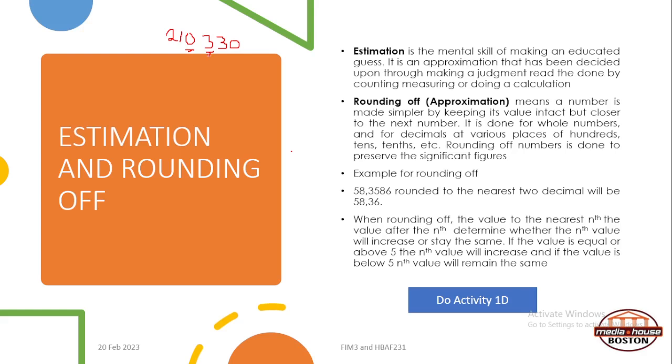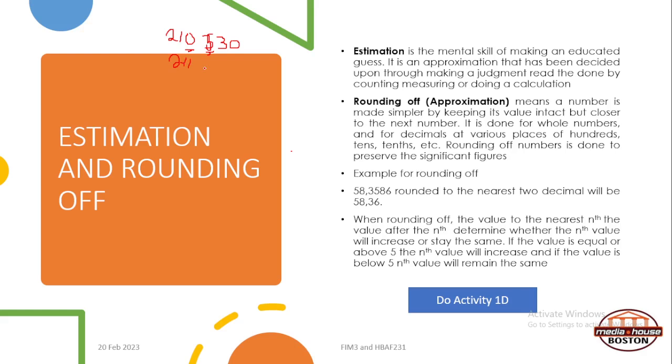If the value before the thousand is 5 or above, it's going to change the value in the thousands to the next value. So if this was actually 5, we would round this off to 211,000. When we quote this figure to someone, we say this costs us 211,000. So that's what we call rounding off.